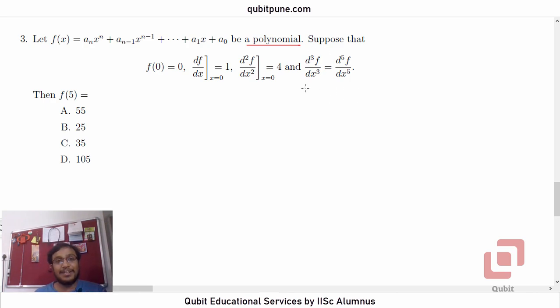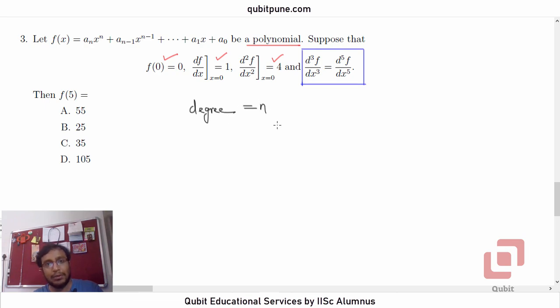Now it's a polynomial, and it's fine that we are given f of 0 equal to 0, df by dx at x equal to 0 is 1, and d2f by dx squared at x equal to 0 is 4. But what's more important is the last equation that's given to us. Why? The reason is we currently do not know the value of n, that is the degree of the polynomial.